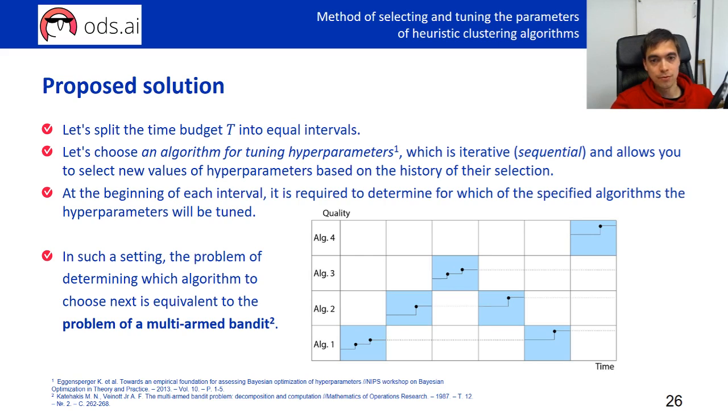The scheme of work of our approach is illustrated in the figure at the bottom of the slide. So here we can see different algorithms. We have the time budget split into equal parts, and the agent chooses the priority for a certain algorithm at each iteration. And finally, we get the best result in terms of the chosen quality measure.